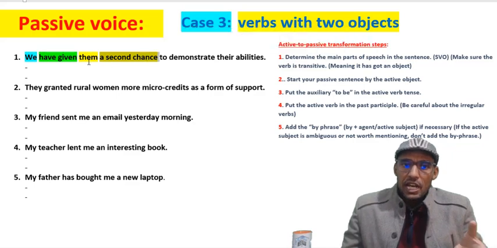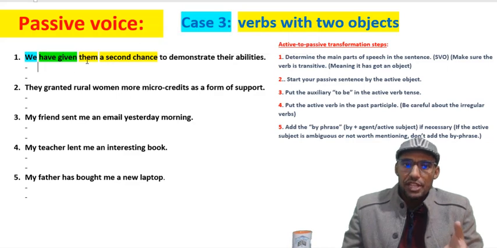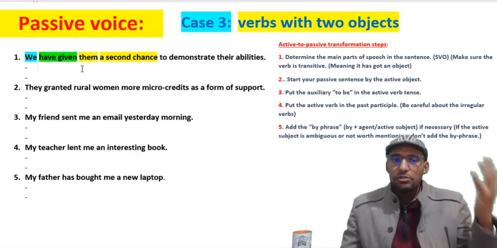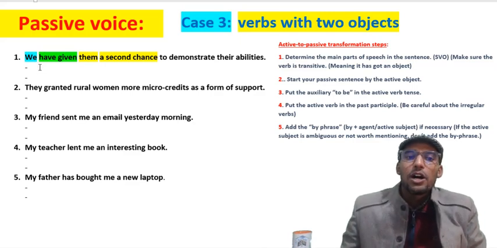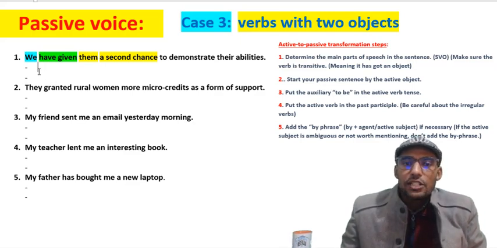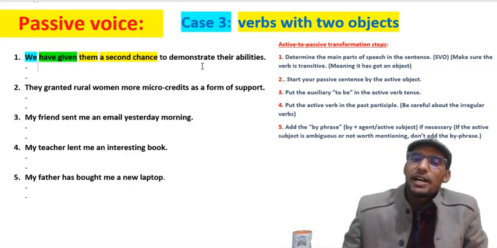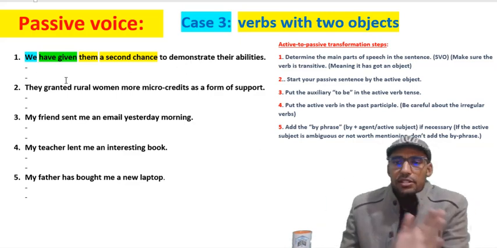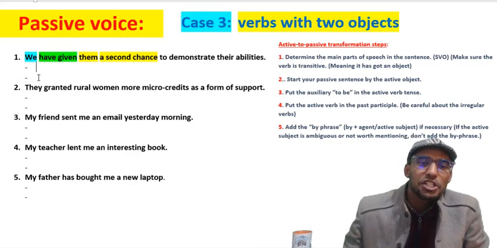And the recipient of this direct object is the first object, them, referring to a group of people. We just add the remaining parts of the sentence, to demonstrate their abilities, at the end without any change.